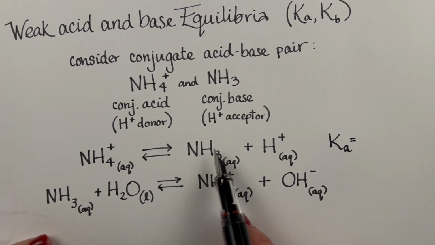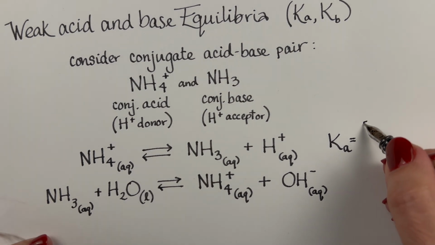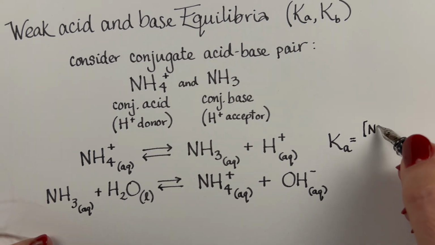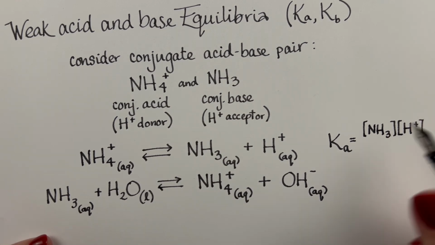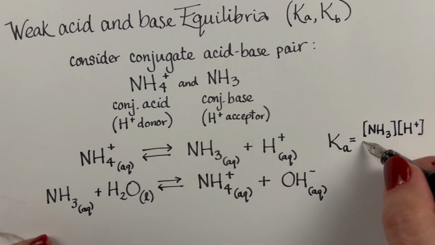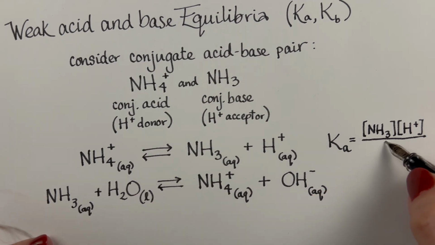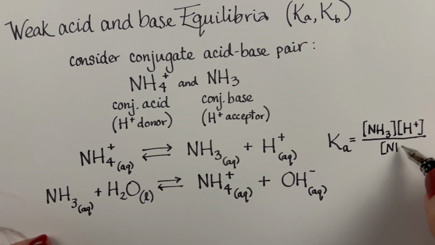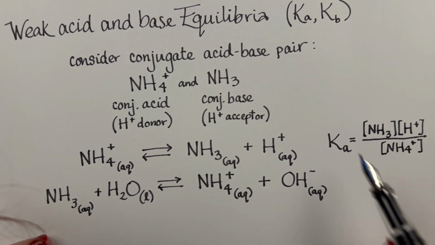And so we would write products over reactants, anything where you could measure the concentration. So we have NH3 times H plus over reactants, which is NH4 plus. Okay, so that's the equilibrium constant expression for Ka.